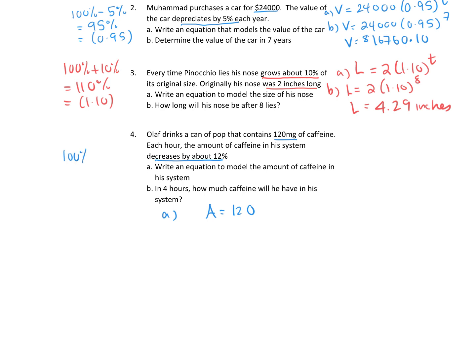It was 100% to start. It's going down by 12%. So 100 minus 12 is 88%, or as a decimal, 0.88. So that's my common ratio. And T will be my time in hours. And then it wants to know in 4 hours how much caffeine will he have in his system.